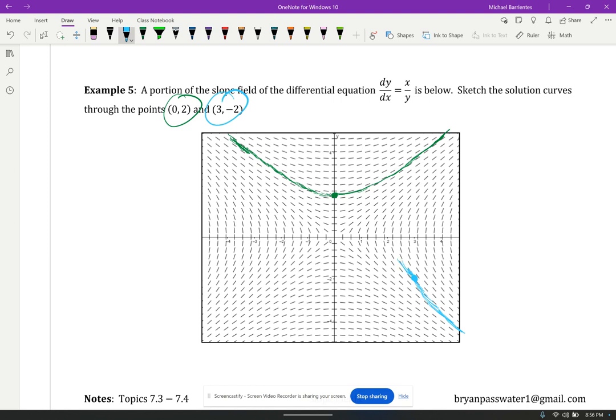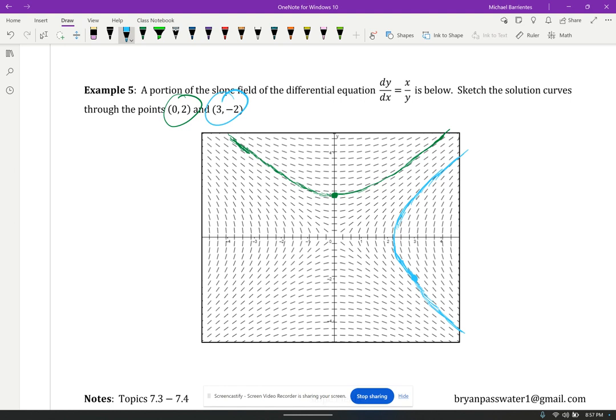I'm following it. Uh-oh. Now it's doing this business. And I'm following the direction of the field, and it goes that way. So in blue, I have the solution curve to that differential equation, and I found it by using the slope field, which represents tiny little tangent lines to the curve.